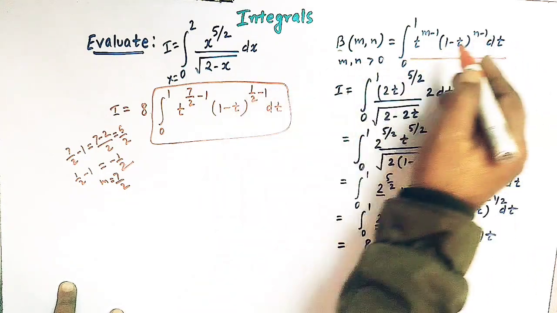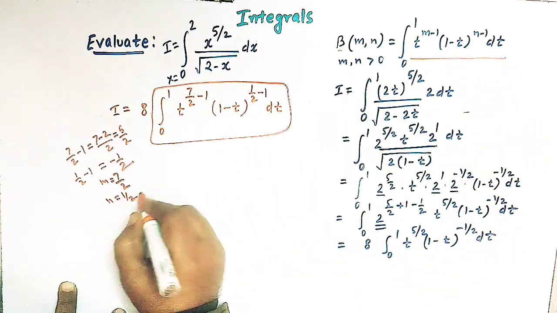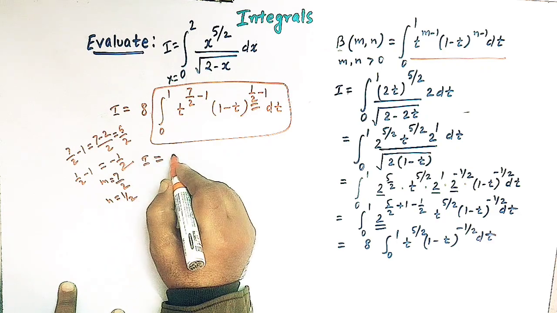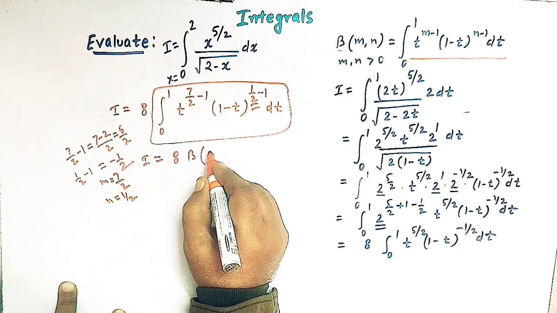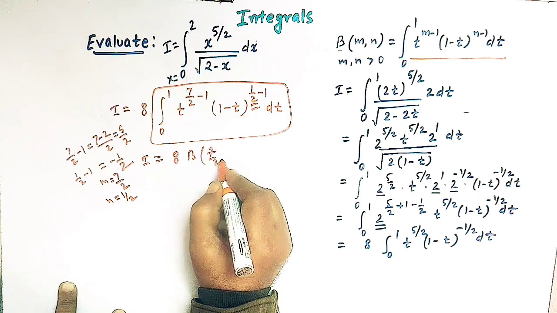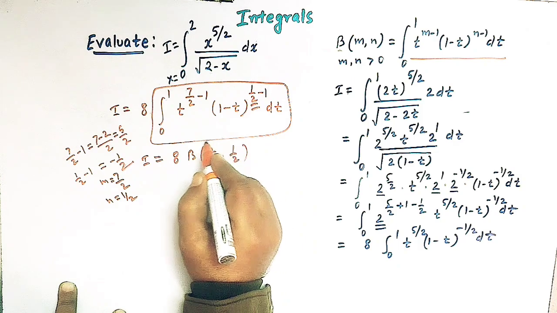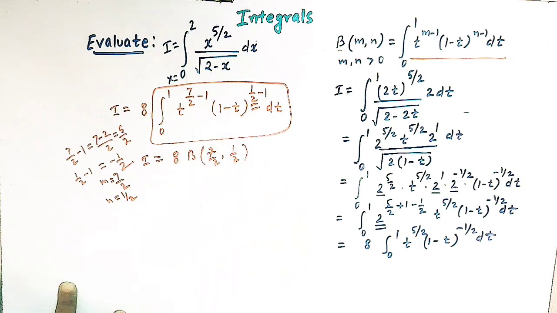So comparing again, we can write n is equal to half, right? So now we can write this integral I as 8 times the beta function, that is beta 7 over 2 comma half.